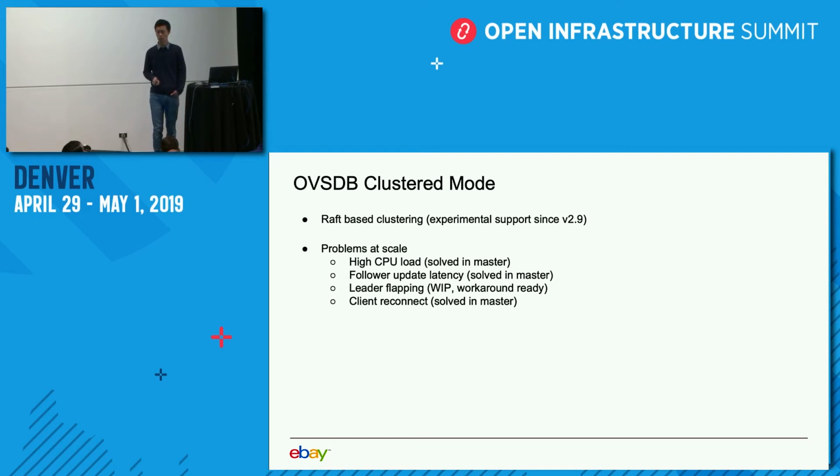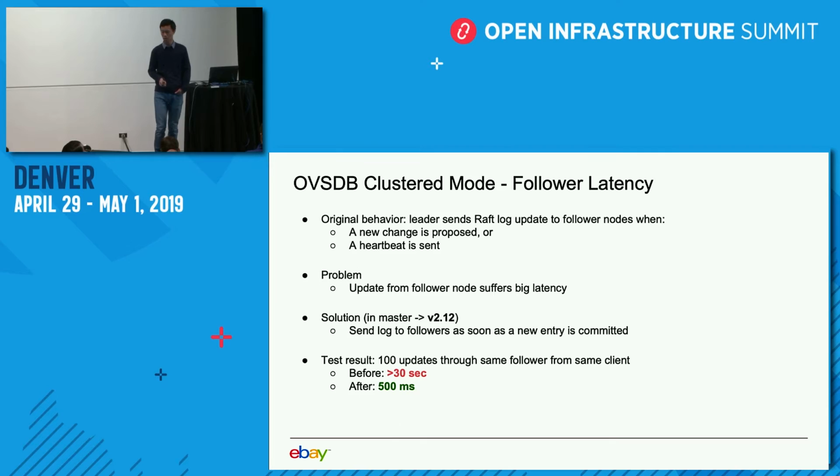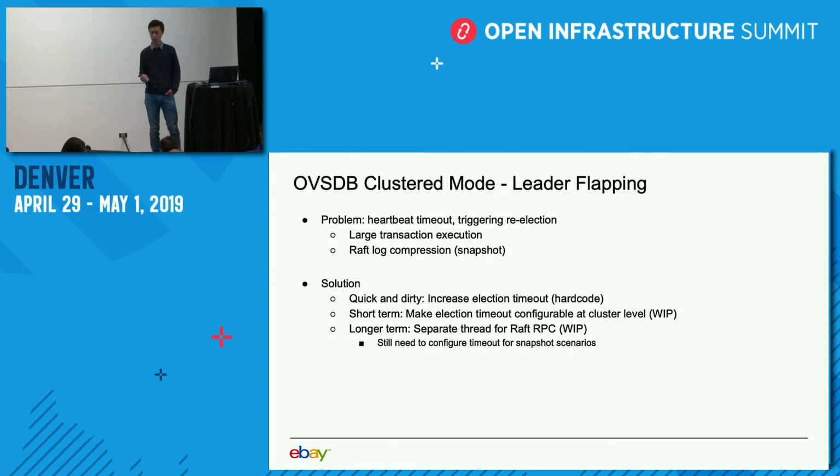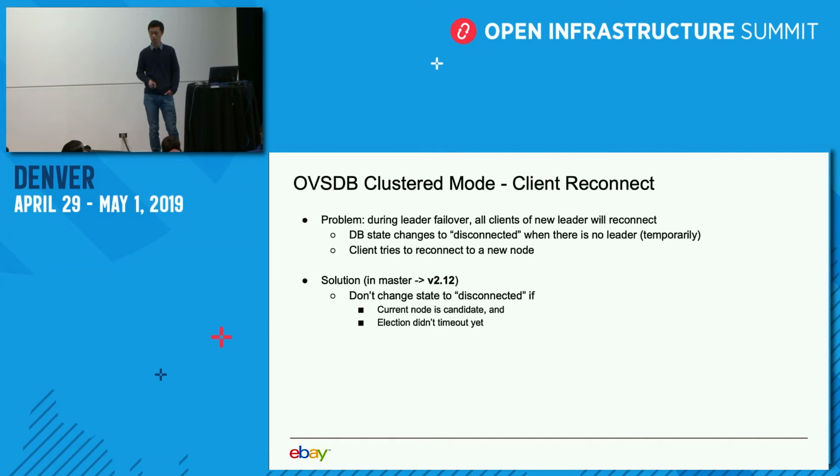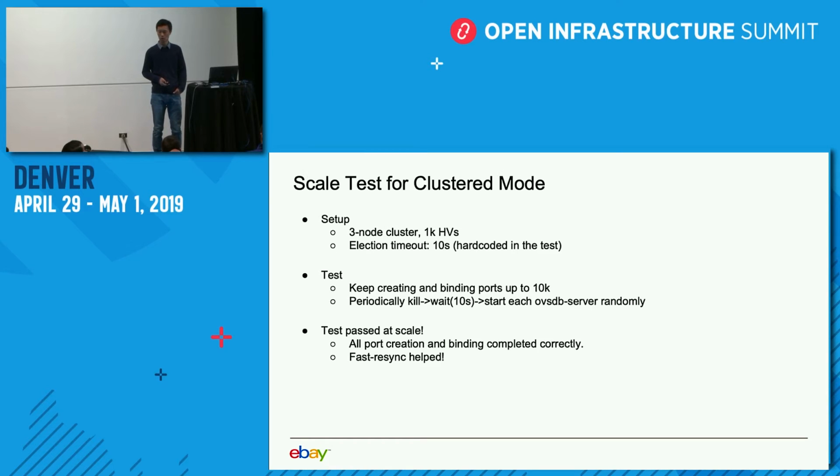I'll briefly talk about this. For the leader flapping problem, there's a quick workaround, just to increase the election timeout for the raft. But we're still working on the final solution, a configurable election timeout.